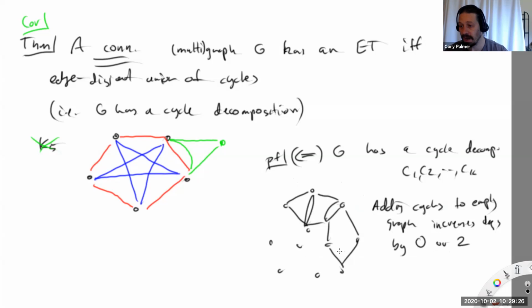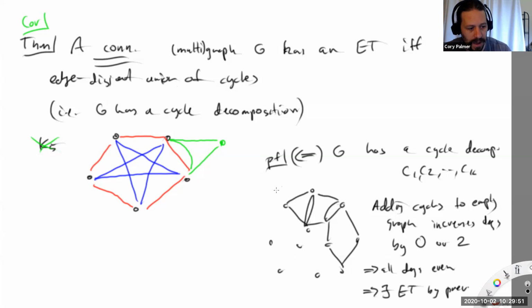But the result is that when I finish this procedure, all the degrees will be even. Then there exists an Euler tour by the previous theorem. And again, the result at the end is connected because we're given that G is connected in the first place. Just laying down these cycles doesn't necessarily connect you unless you knew that in advance.